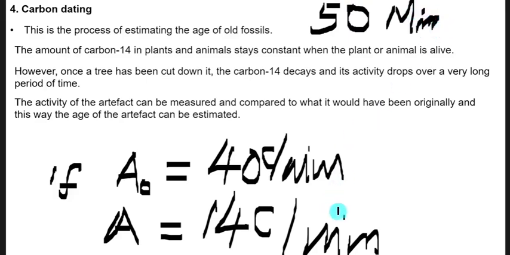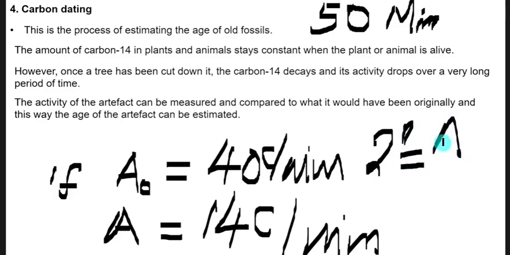Then remember we had the equation 2^n = A0 over A. So now we can use this equation to find n. We put the original here, this one here, then find n.